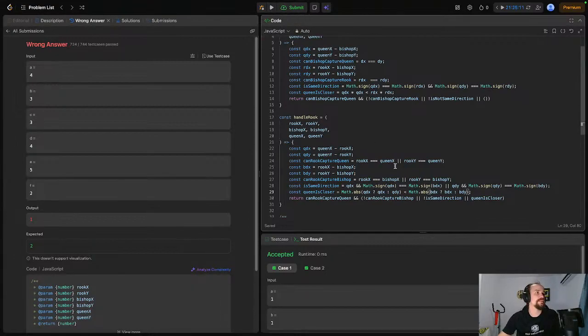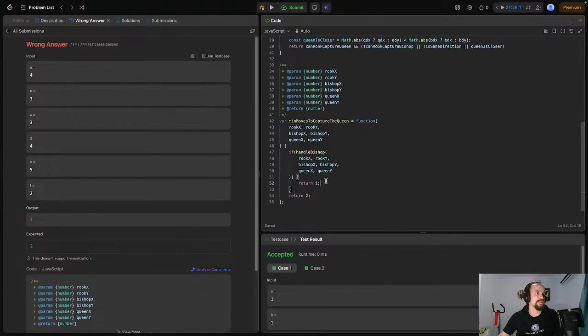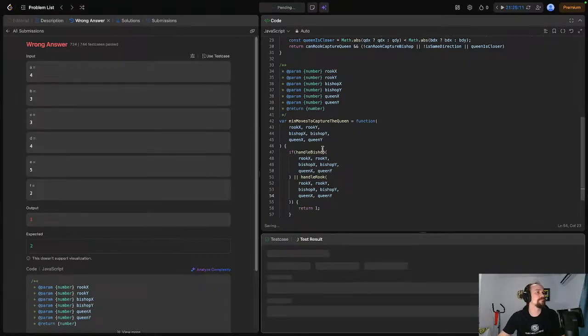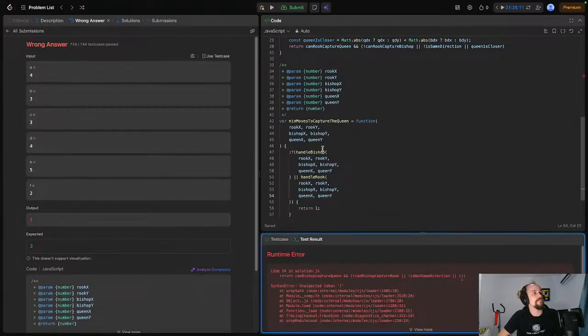Let's just run it. Actually, did we call the function? We didn't even call it. Handle rook. Same arguments. Run. Oh, syntax error.